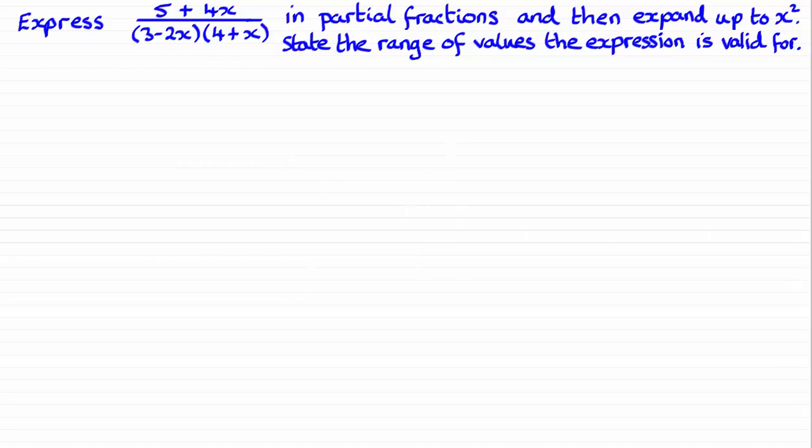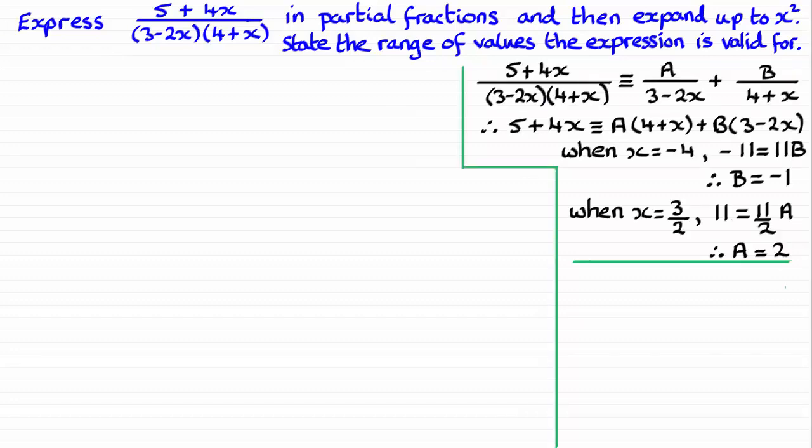Okay, so welcome back if you had a go. Well, the first thing we need to do then is take our expression and write it in partial fractions. So we've got linear factors in the denominator here, so it's going to give rise to this type of partial fractions.